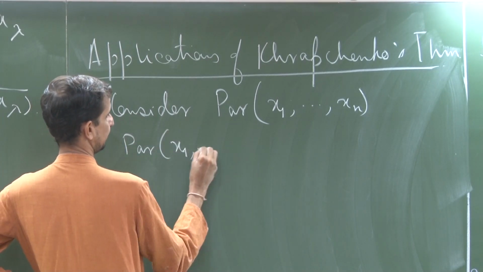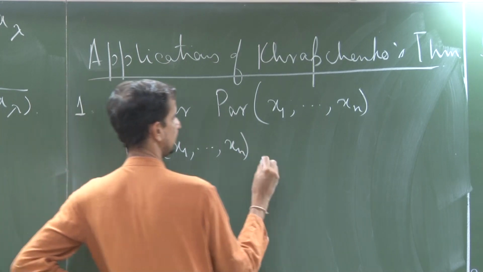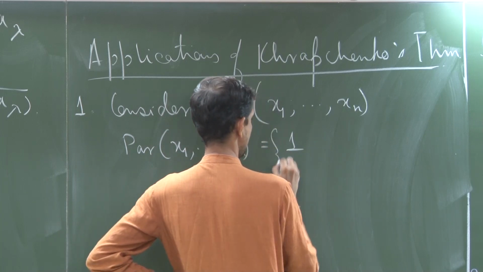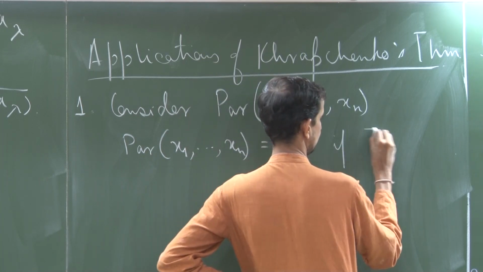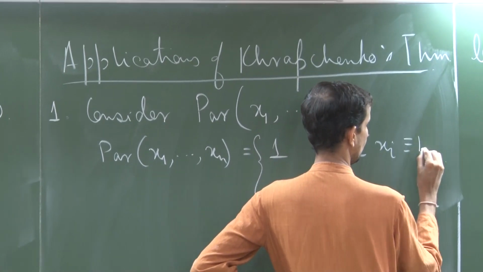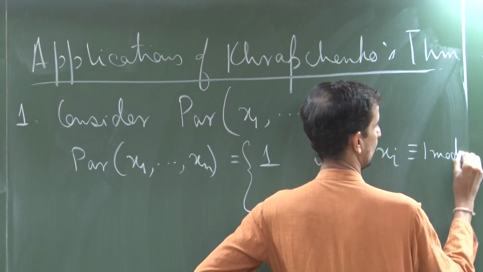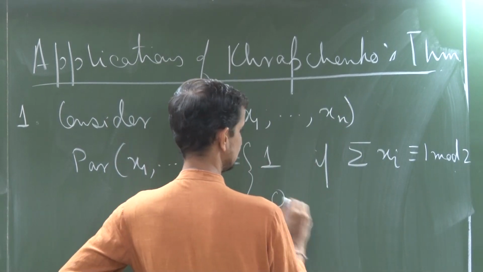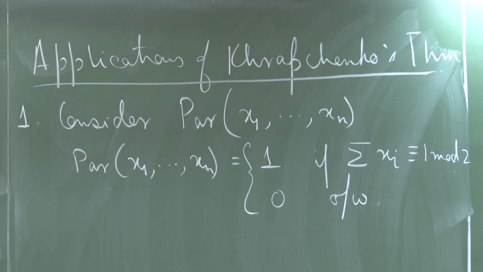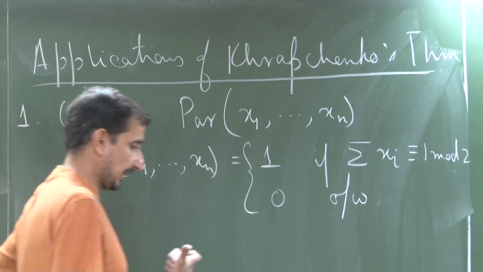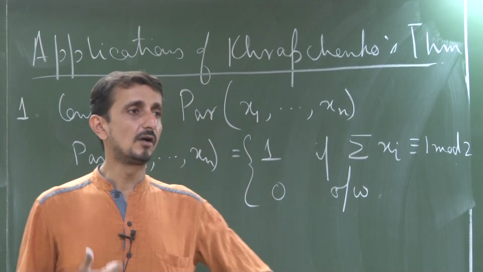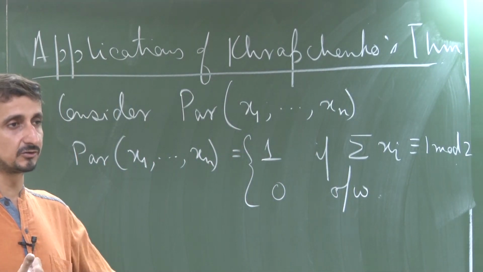Parity of x1 to xn is equal to 1 if the sum of xi is congruent to 1 mod 2, and it is equal to 0 otherwise. Okay. So, how can I give a lower bound on the formula size of the parity function using Kravchenko's theorem?